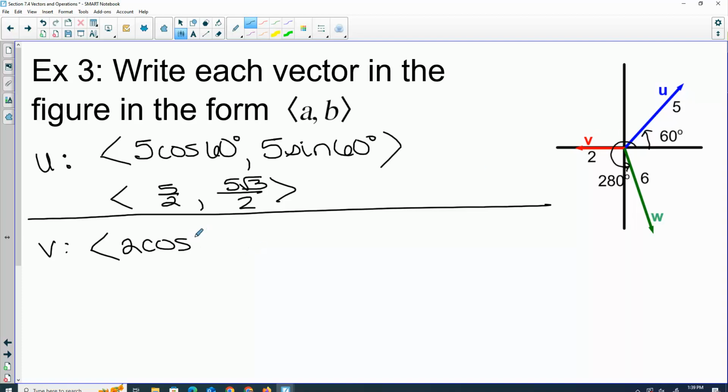V is 180, yeah. So we do 2 cosine of 180 and 2 sine of 180. Cosine of 180, cosine is the x, that's -1, so 2 times -1 is -2. Sine is your y, sine of 180 is 0, so 2 times 0 is 0. So vector v is -2, 0.